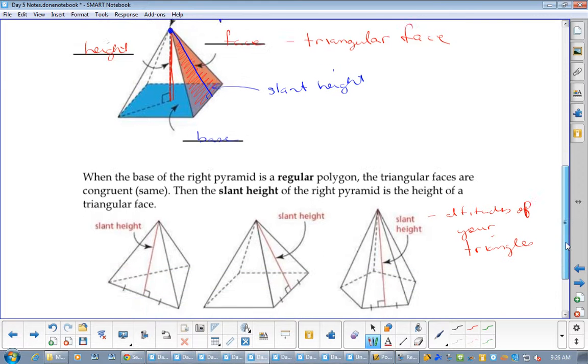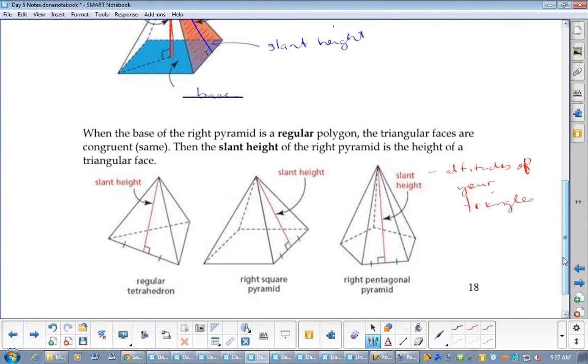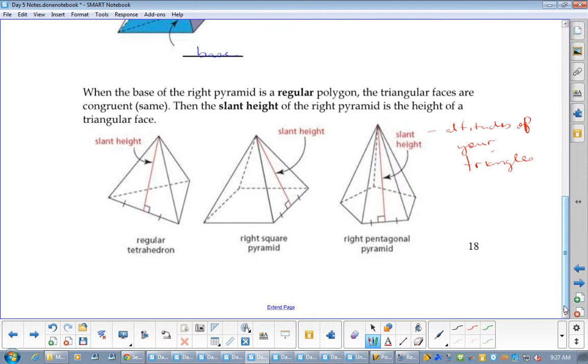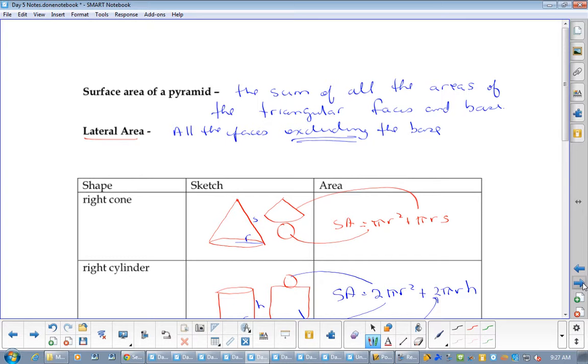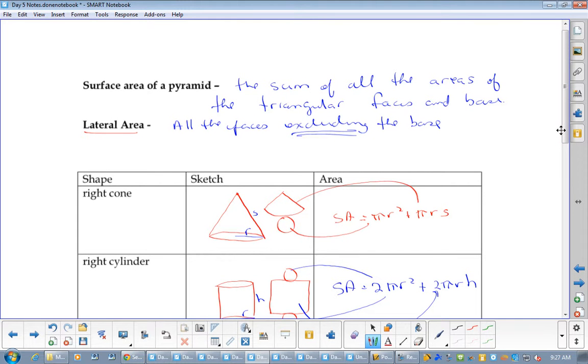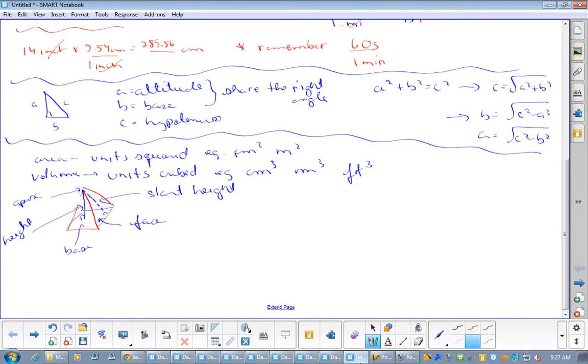Okay. Anything else we need on here? Okay. This is a good one, I think. Okay, I would just put a little note here. Remember, lateral area.